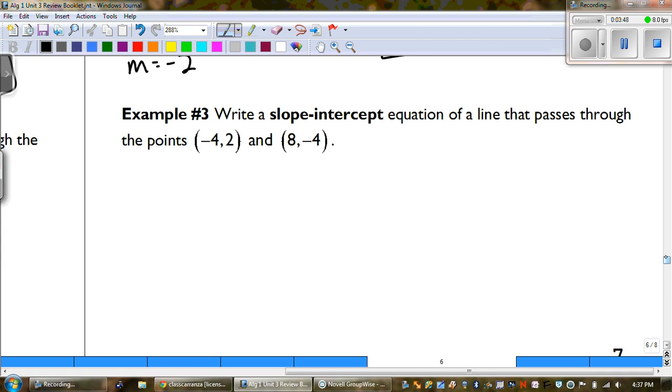All right, number 3, you are all on your own. The first thing you need to do is find the slope. And after you find the slope, plug in, okay? All on your own. Good luck.